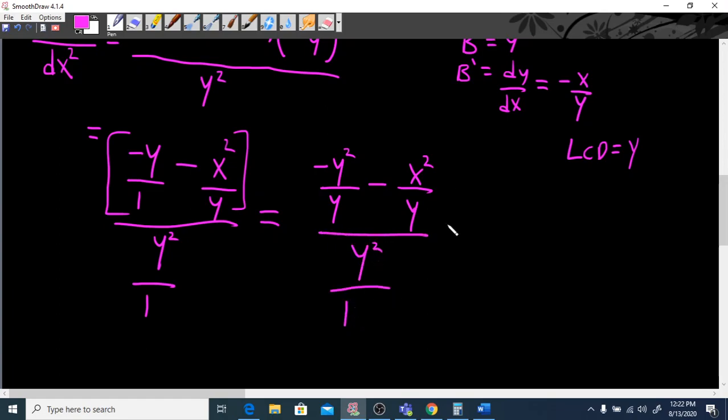All right. Then denominators are the same in the numerator, negative y squared minus x squared over y, over y squared over 1. Okay, so just doing some algebra here.